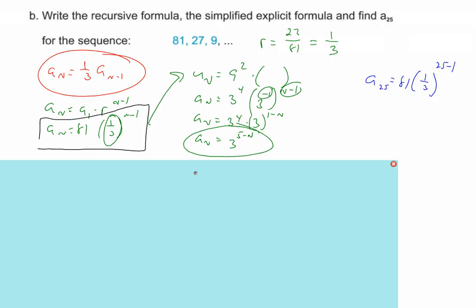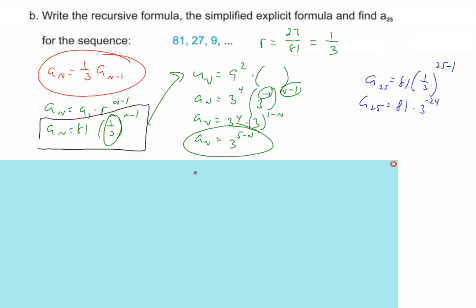4.15 times 10 to the negative 3. Am I reading that right? What do we got? 1 over 3 to the, let's see, let's finish it. 81 times 3 to the negative 24th. Small number.